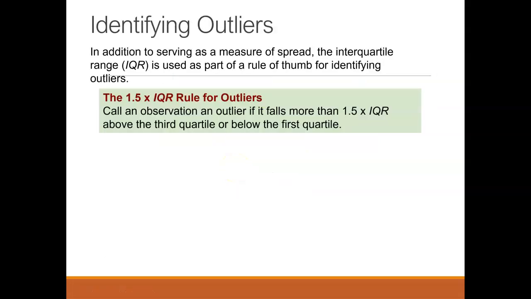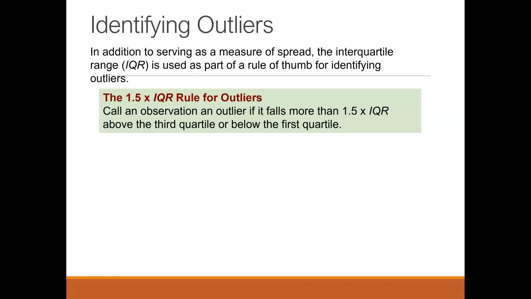So to determine if a value is an outlier, we can use the 1.5 times the IQR. If an observation falls more than 1.5 times the IQR, either above the third quartile or below the first quartile, we will classify those observations as outliers.